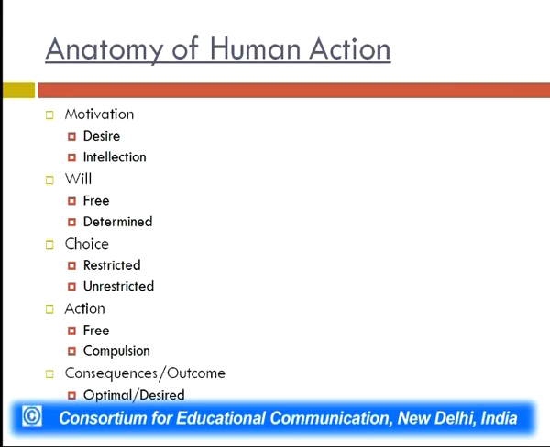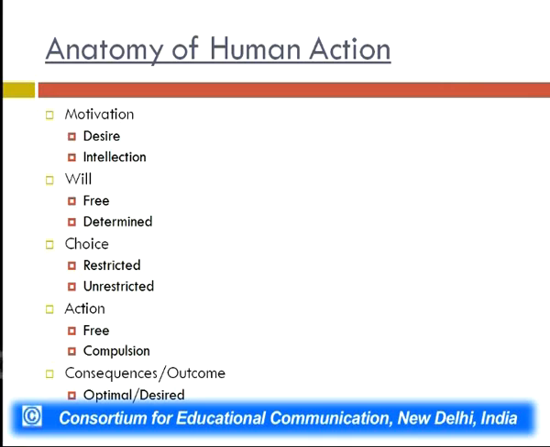Most of the time our actions are propelled from a certain desire to achieve something, and accordingly we do our calculations, and in accordance with those calculations or contemplations we act in order to achieve that.